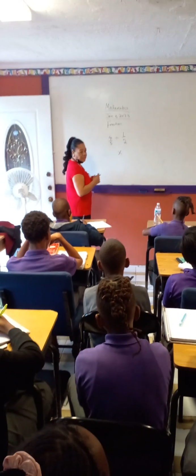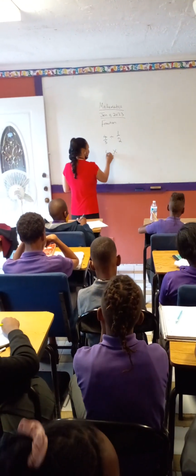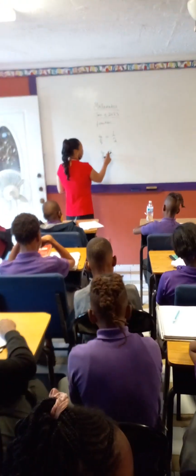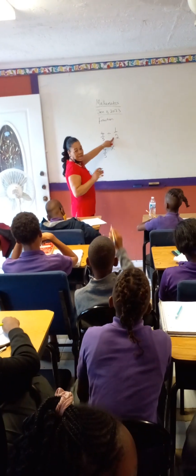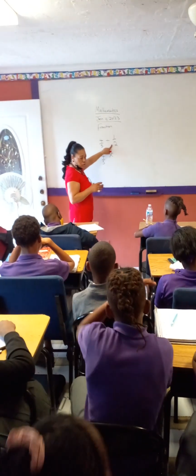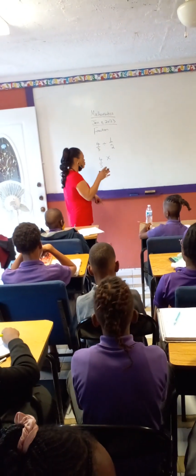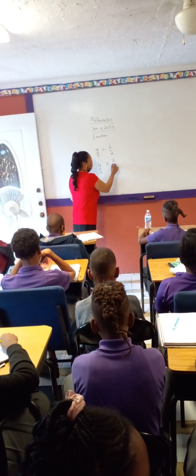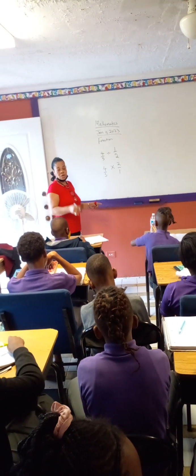So I write 4 over 5 multiplied by, and I'm going to do what? Write the inverse of 1 over 2, or flip it over. We're going to turn it over so the 2 comes on top and the 1 is at the bottom. We're going to turn it upside down.